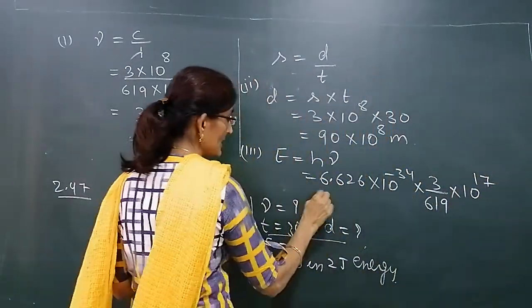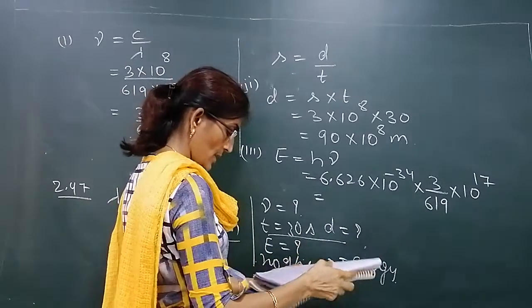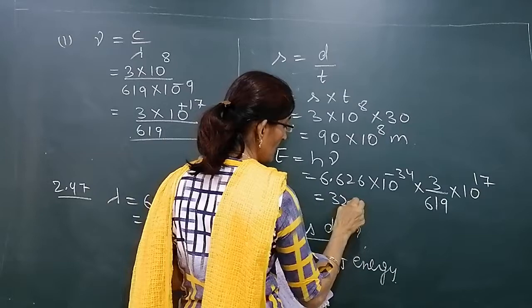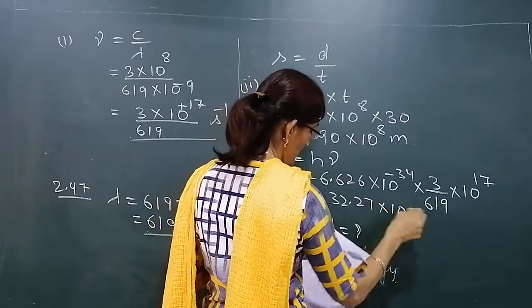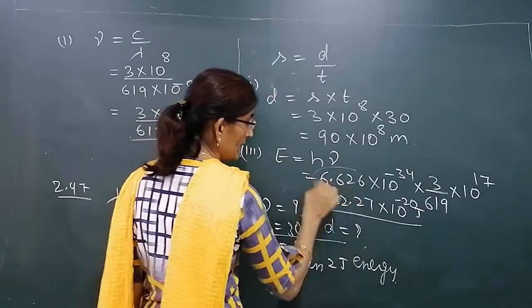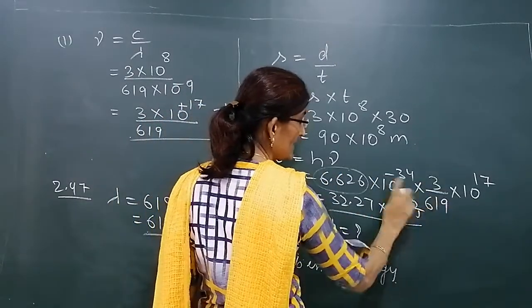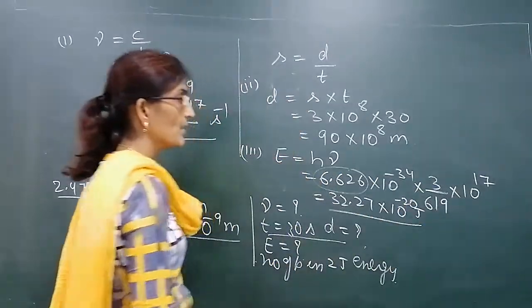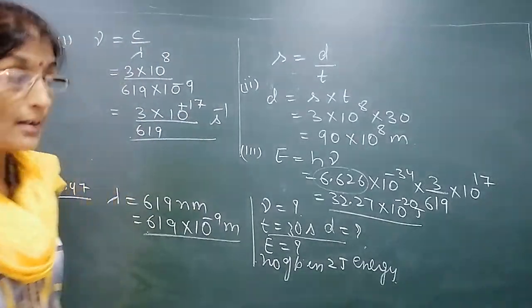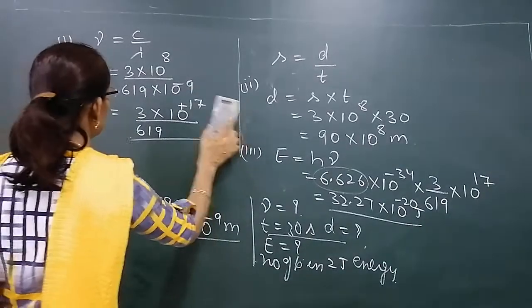If you solve this, you will get the energy of the photon. The answer will be 32.27 into 10 raised to power minus 22. How to solve: multiply this by 3 and divide by this, and the power becomes minus 34 plus 17, so it is minus 20. Adjust the decimal accordingly.